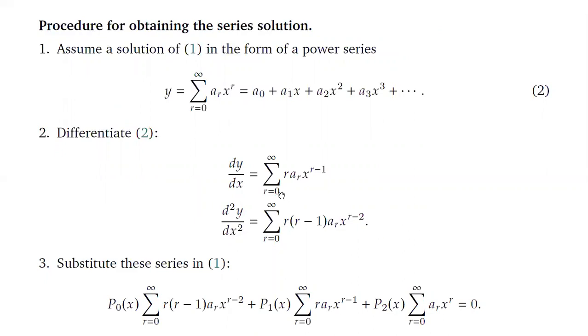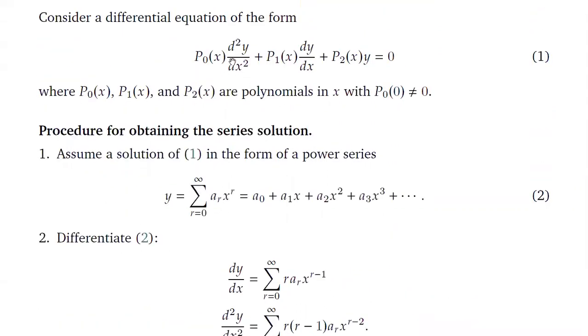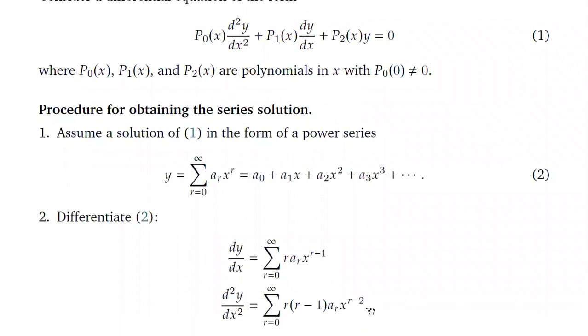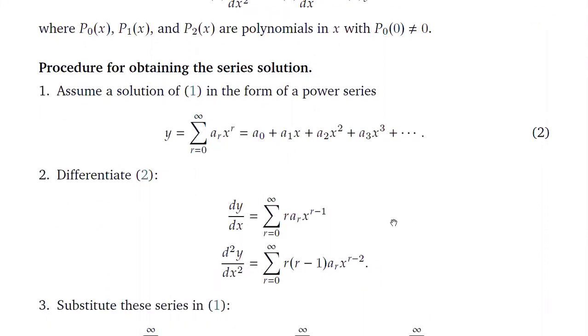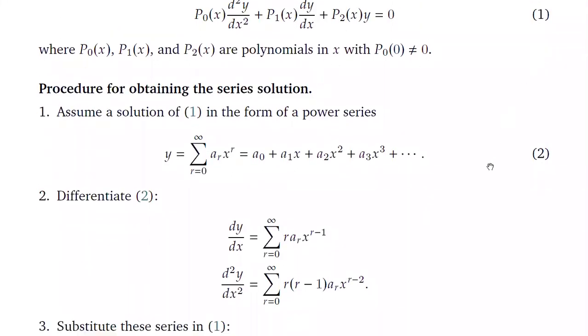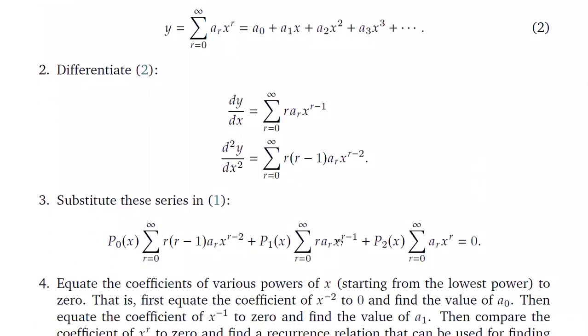So now we substitute the values of y, dy by dx and d square y by dx square in equation number 1. When we do that, we get P naught of x into d square y by dx square, that is this term, plus P1 of x into dy by dx, which is calculated already over here, plus P2 of x into y, that is the assumed value of y. After the substitution of these three terms, your equation 1 should change to this form.